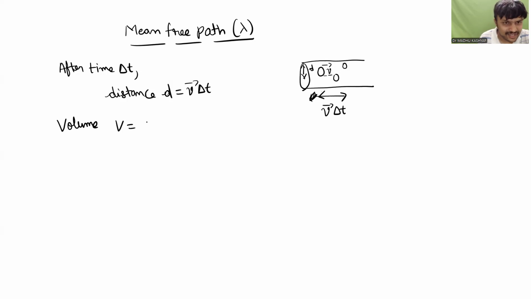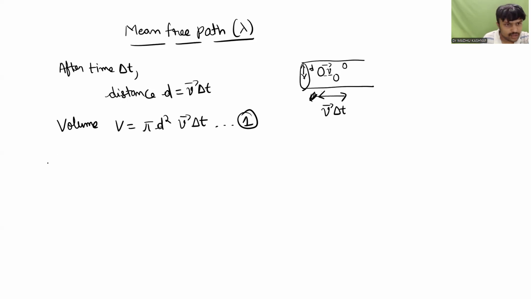Area is pi d squared, and length is this distance, which is velocity times dt, v dt. Let us call this equation 1.